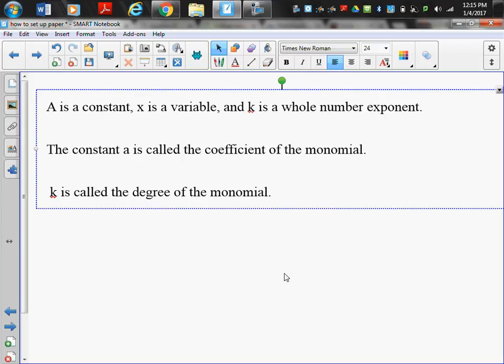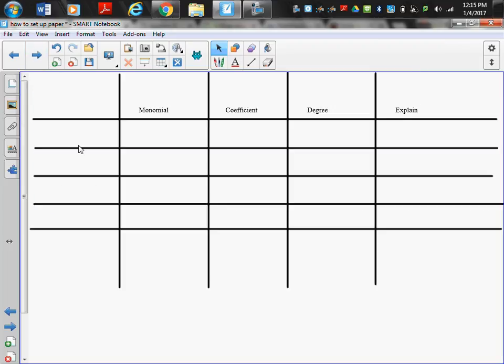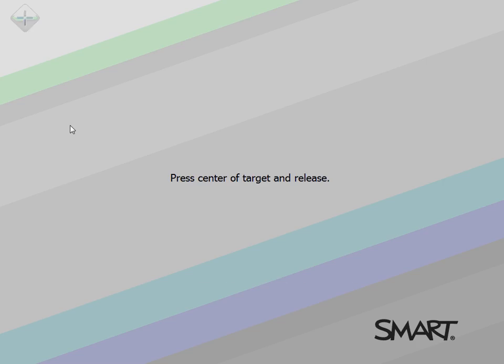All right, so let's look at some examples. If I put the number 6x, is this a monomial?